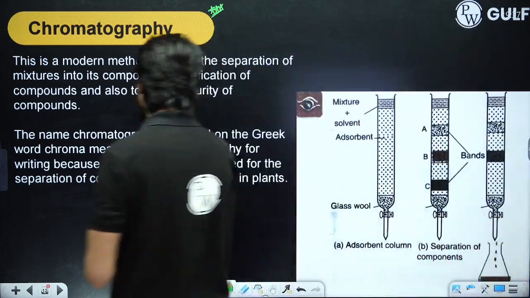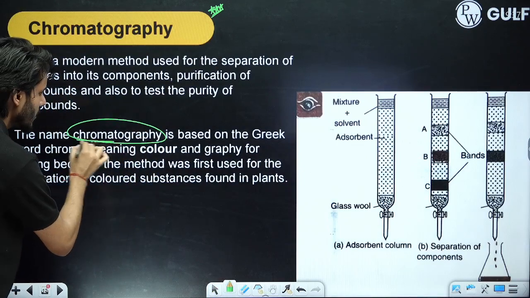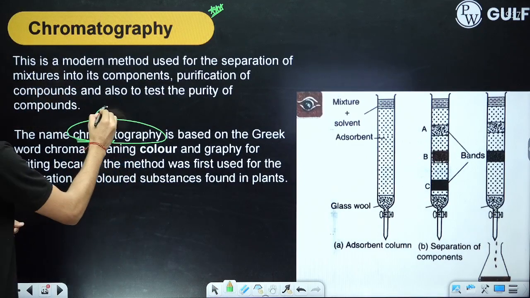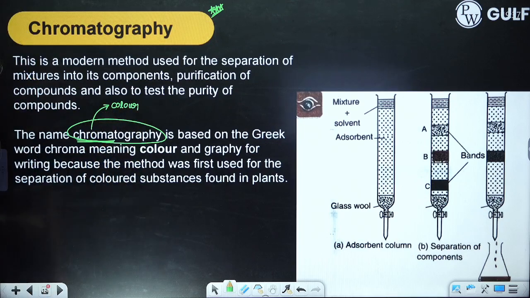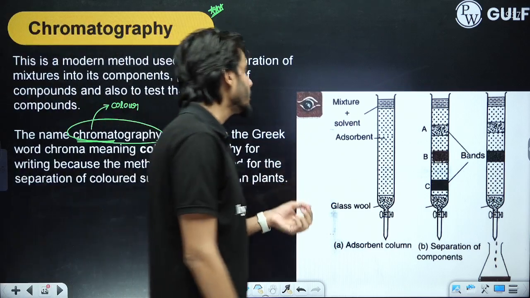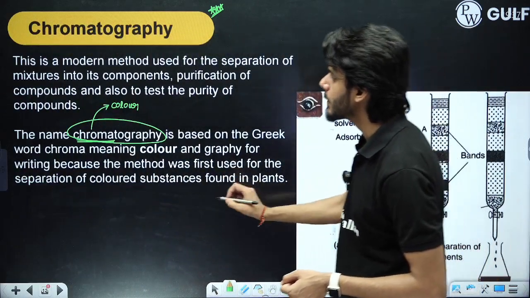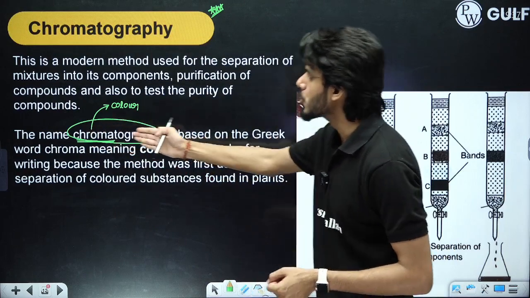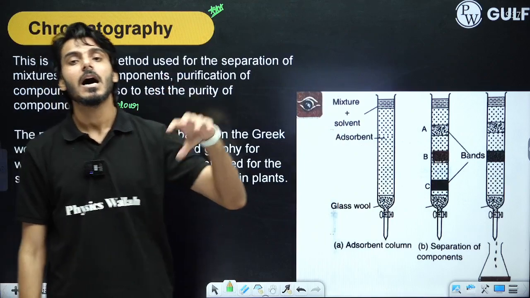Where does chromatography come from? This chroma means nothing but color. So this method was first used to separate the colored substances found in plants. That's why we call this chromatography, and this technique we can now use to separate our organic substances.